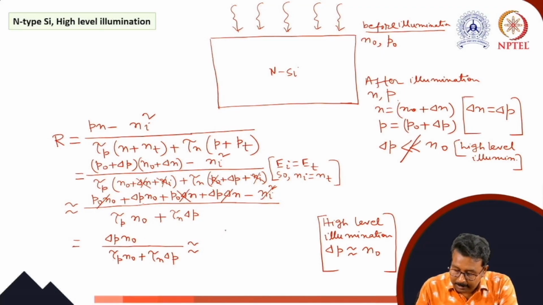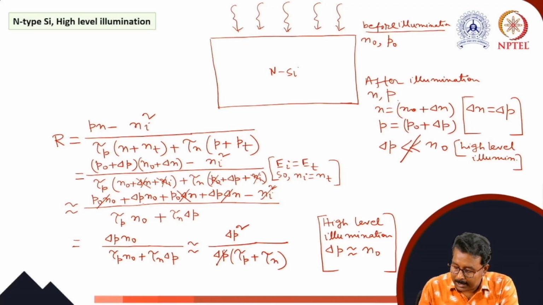We can write here delta P square by tau P N0, that is delta P, N0 is delta P. If you take delta P common, it will be tau P plus tau N. So one delta P is cancelled out, and this will be equal to delta P by tau P plus tau N.